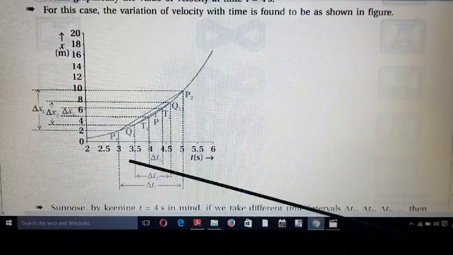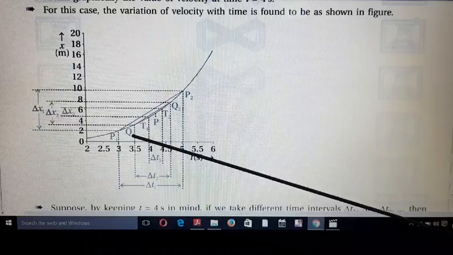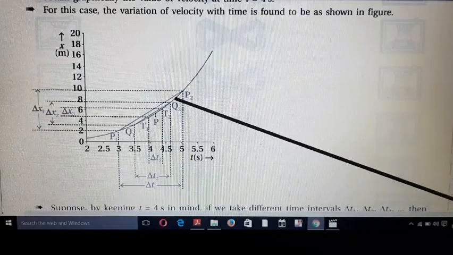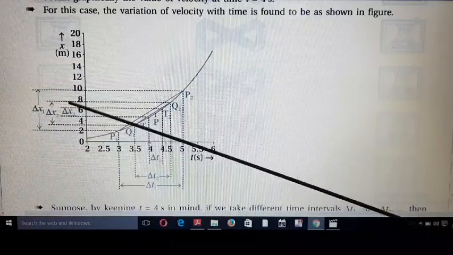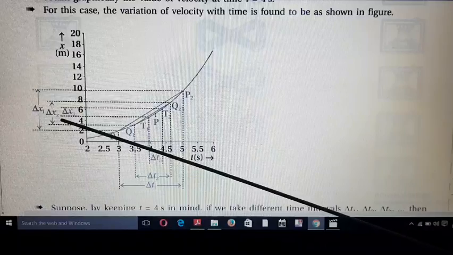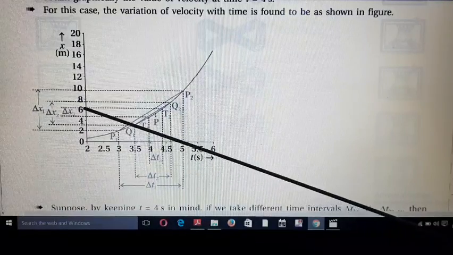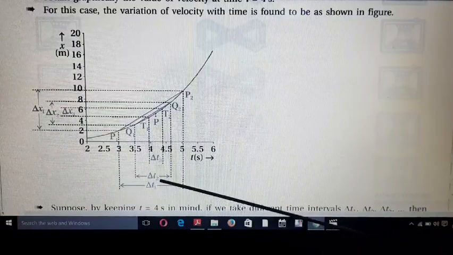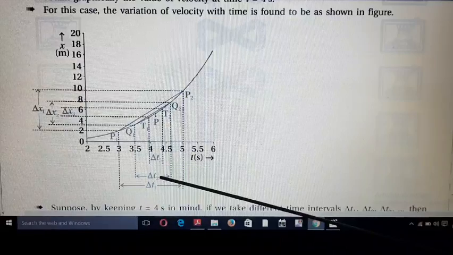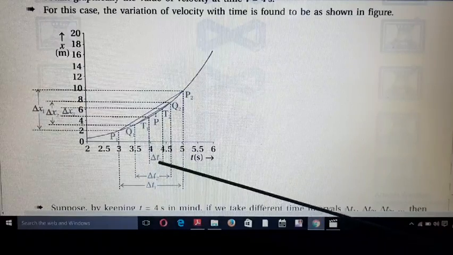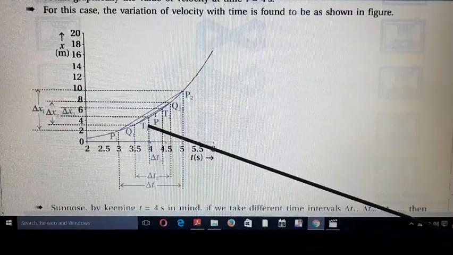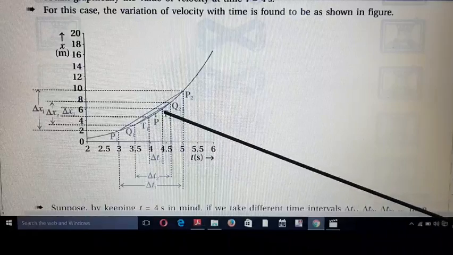After that, we want to find the distance between q1 and q2. It is denoted by delta x2 and the respective time is denoted by delta t2. Next, we can find the distance between t1 and t2.